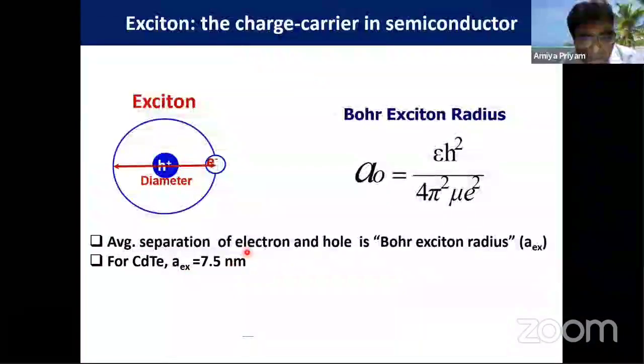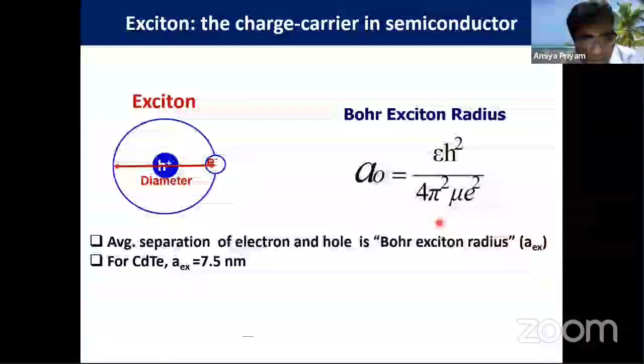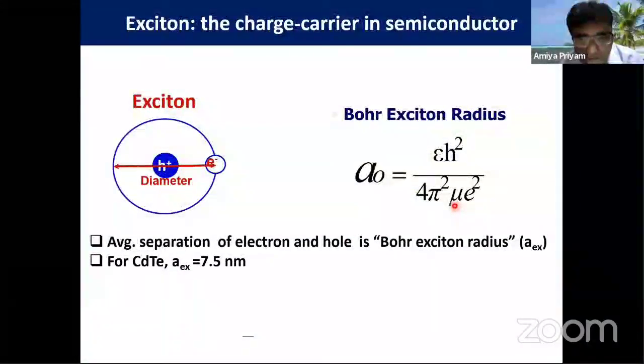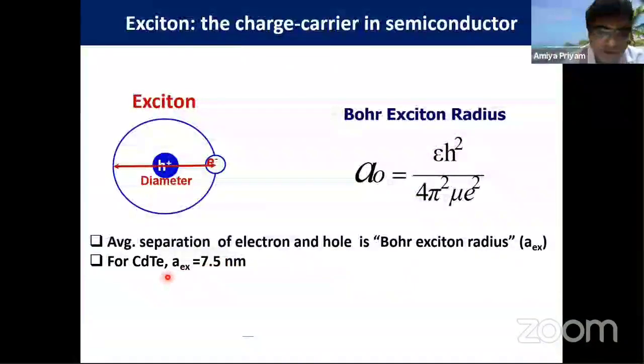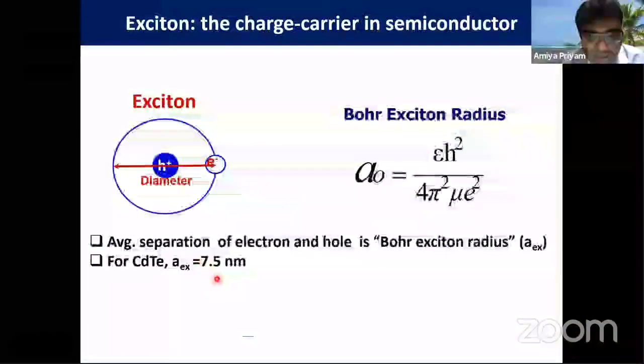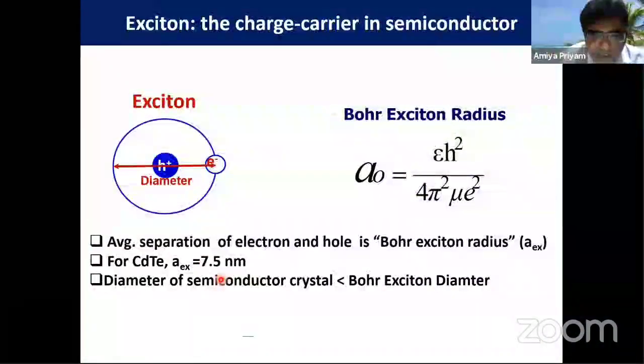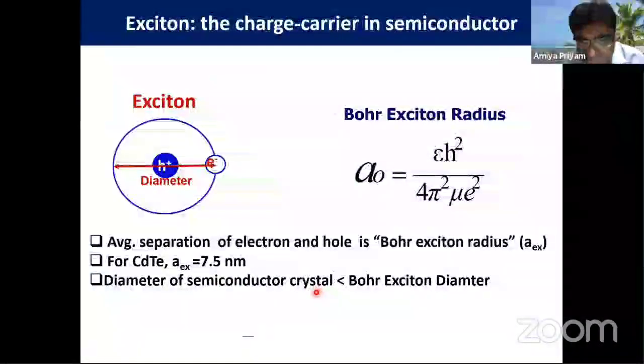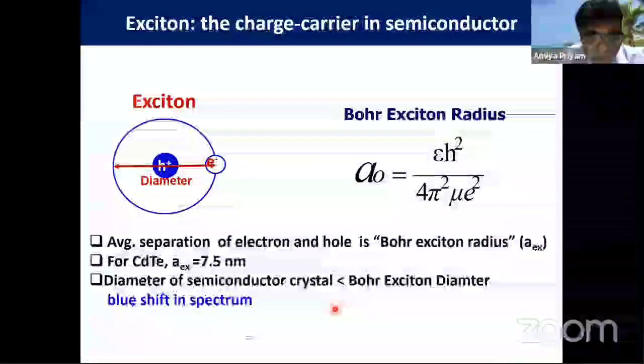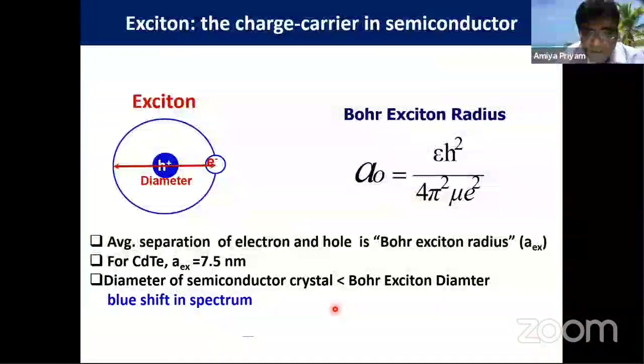The Bohr exciton diameter will be different for different systems, because we have to take the reduced mass of the electron hole pair. Typically for cadmium telluride, it has been calculated to be 7.5 nanometers, and if the diameter of the semiconductor crystal becomes smaller than the Bohr exciton diameter, then we are going to see very different kinds of properties, a blue shift in the spectrum.